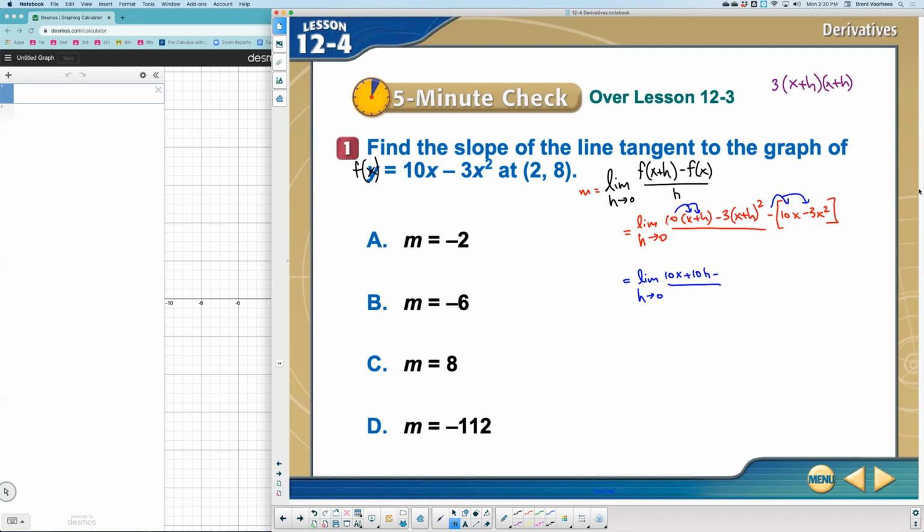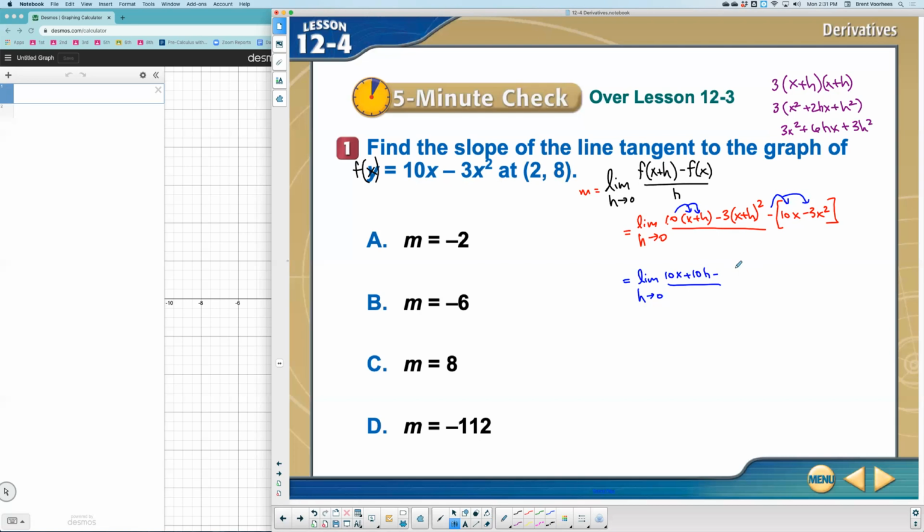I'll say this is 3 times the quantity x squared plus 2hx plus h squared, which would simplify when I distribute that through to be 3x squared plus 3 times 2, which is 6hx, and then 3 times h squared is 3h squared.